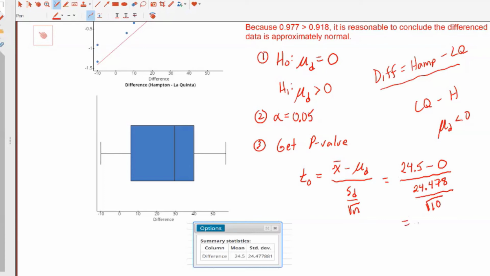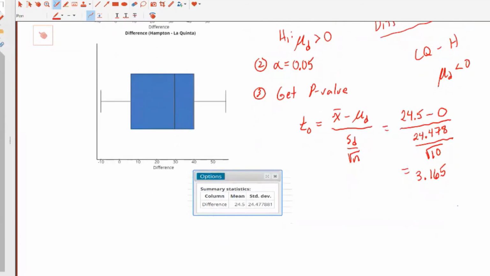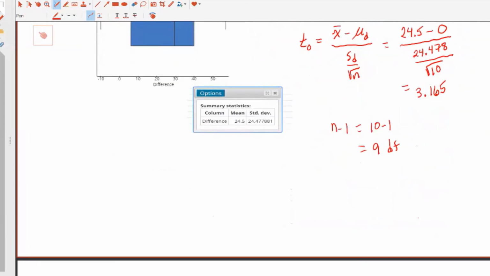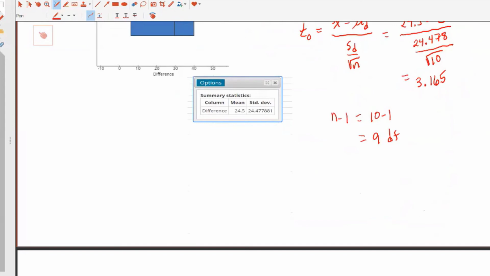I'm getting a test statistic of 3.165. Now this follows a Student's t distribution with n minus 1 degrees of freedom, so we have 9 degrees of freedom here. This is a right-tailed test.